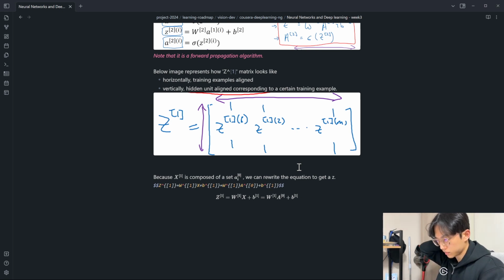So you see that this pair of equations and this pair of equations actually look very similar, but just with all of the indices advanced by one. So this kind of shows that the different layers of a neural network are roughly doing the same thing, or just doing the same computation over and over.